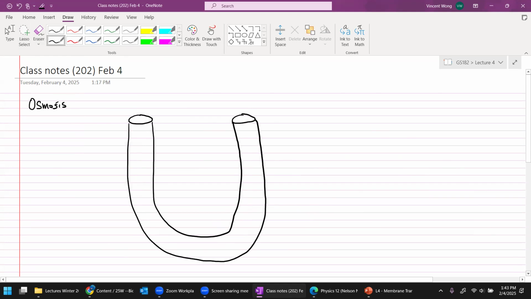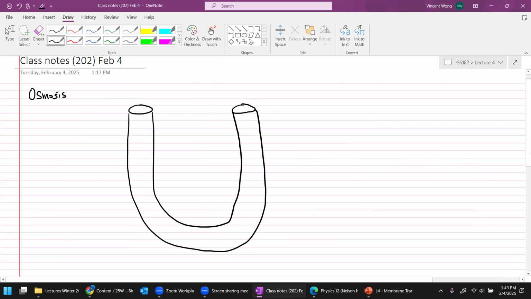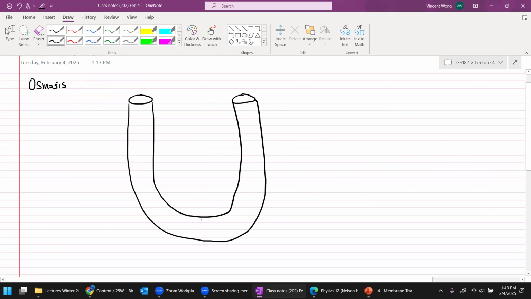Now at the bottom of the tube, I am going to put a special membrane. This membrane only allows water to pass. Nothing else. Only allows water to pass.